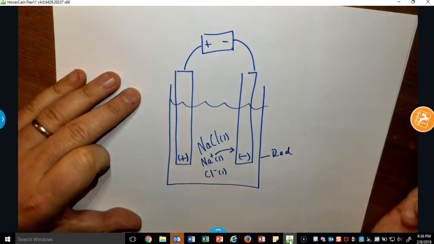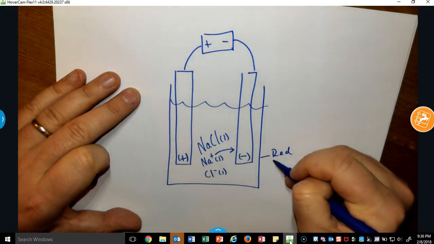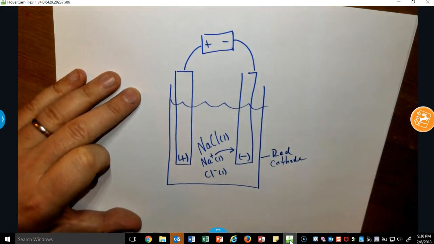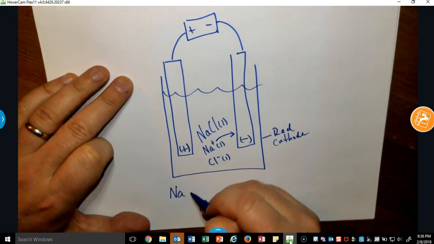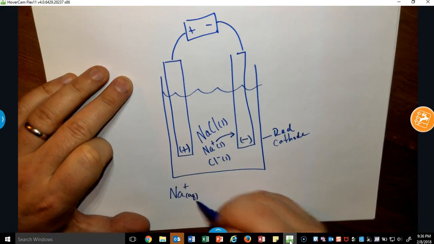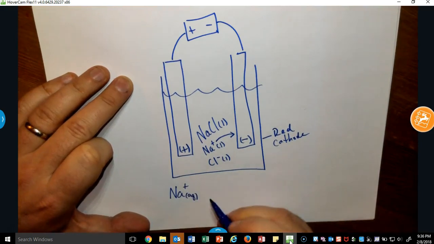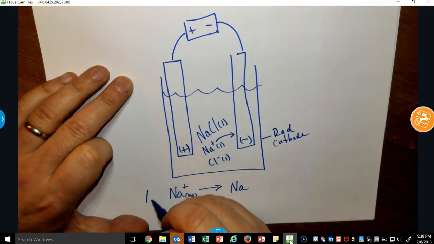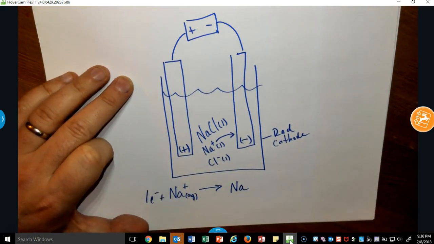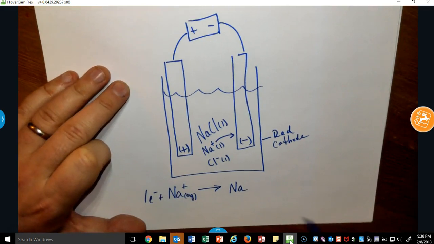So that is why we have reduction happening there, and we call the negative electrode the cathode. At that electrode, we're going to start with sodium ions, and those sodium ions are going to be converted into sodium by gaining 1 mole of electrons per mole of sodium ions.